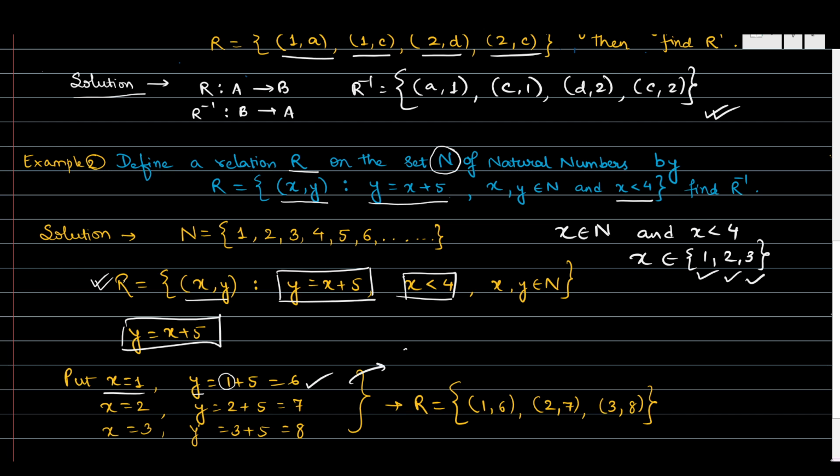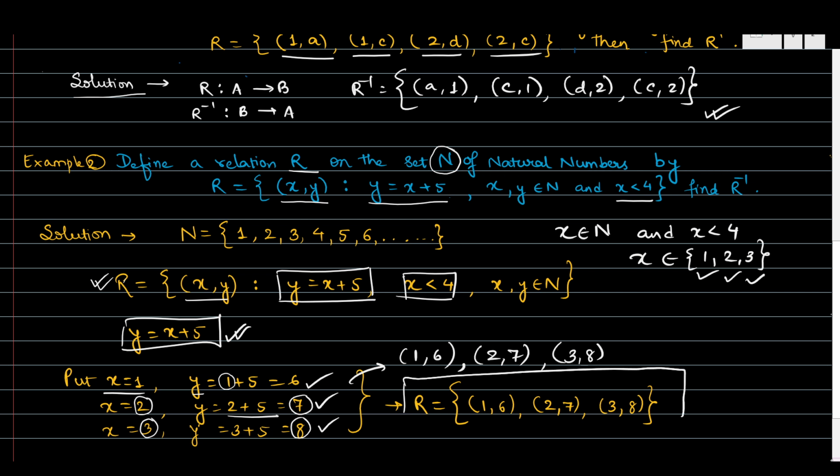So we get the first ordered pair as 1, 6. Similarly, put x equals to 2, you get y equals 2 plus 5, which equals 7. So we get 2 comma 7 as the second ordered pair. Similarly, put x equals to 3, you will get 8, right? So basically you get this R, right?